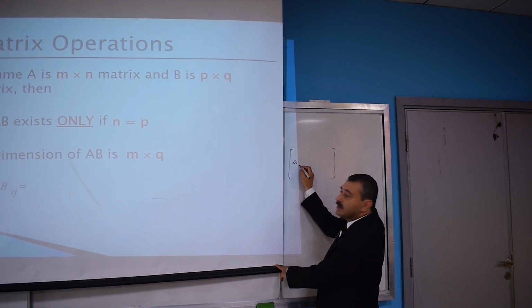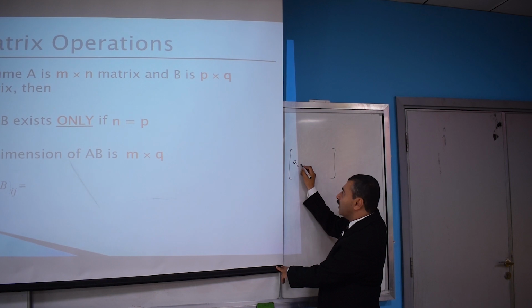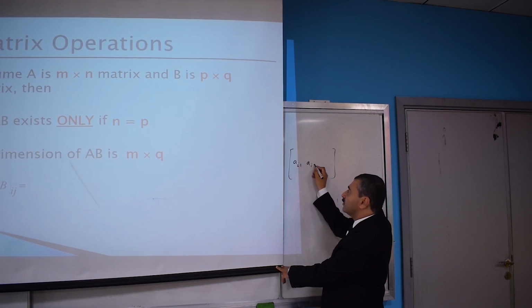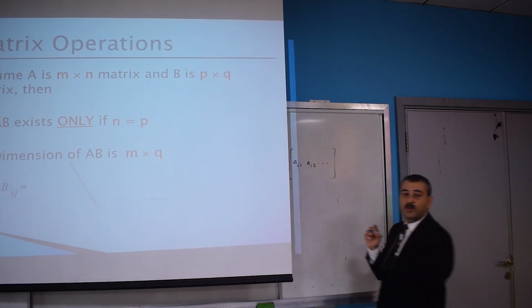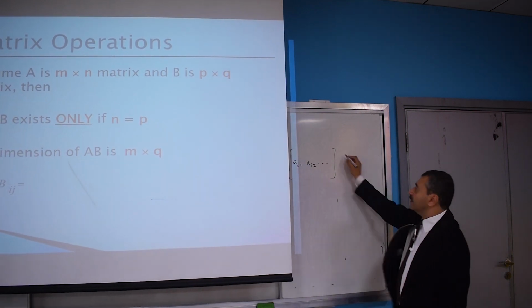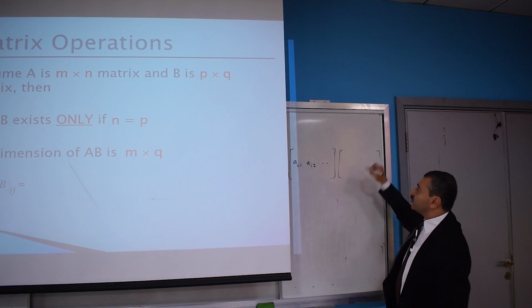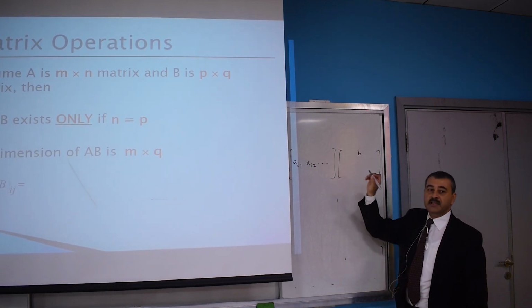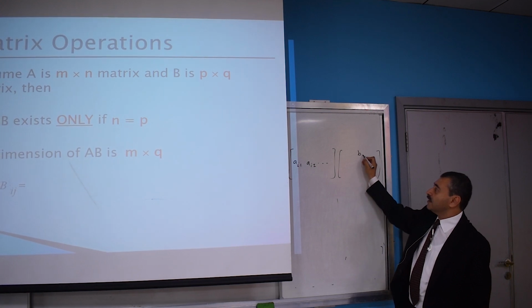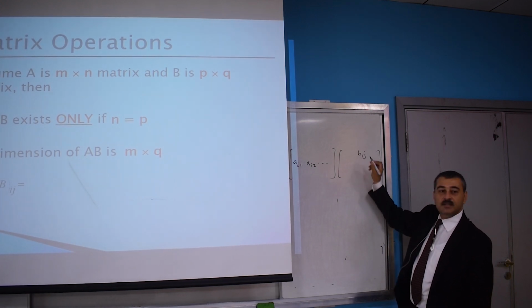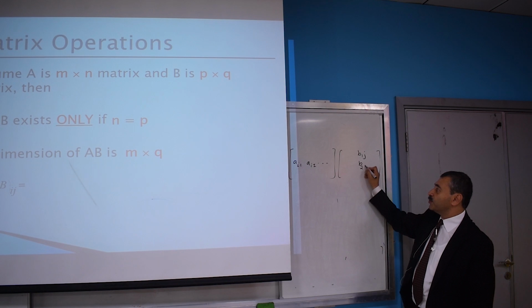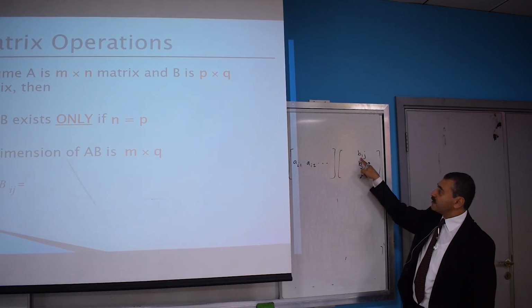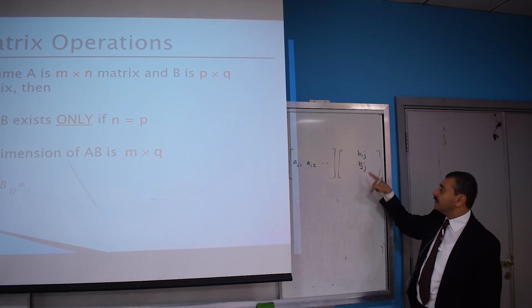The entries are A_i1, and then A_i2, and so on. These are the entries of row I in matrix A. What are the entries of column J in matrix B? B_1j, B_2j, entry in the first row and jth column, and so on.